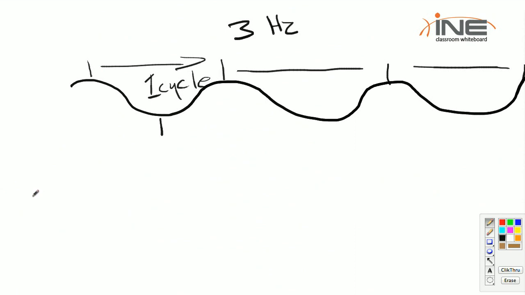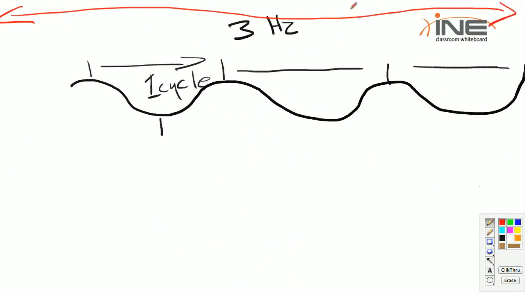I should go back and say, imagine that from left to right, the width of my screen is the time frame of 1 second. In fact, more than just imagine, we'll just draw it.